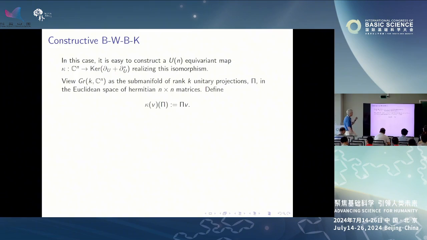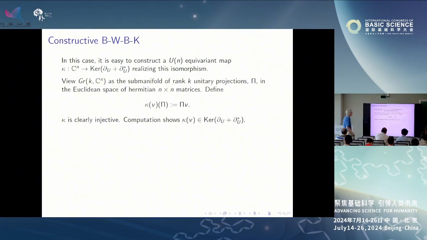I'm denoting the points on the manifold by pi, the projections. So I have to tell you how kappa, when it eats a vector in Cn, evaluates at the point pi, and it's just pi of v. So pi was a projection, so I'm just taking v and projecting it onto the image of pi. And that's obviously an injective map from Cn to some set of sections.